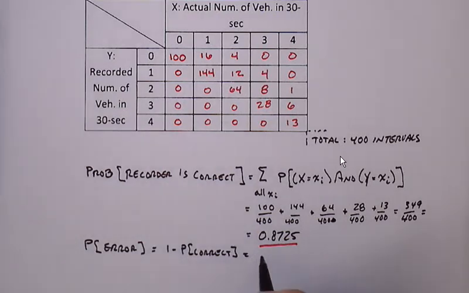So that would be 0.1275, so almost 13%. From a standpoint of how you might write this out in math shorthand notation, one way we could look at this is what we call the joint probability mass function.